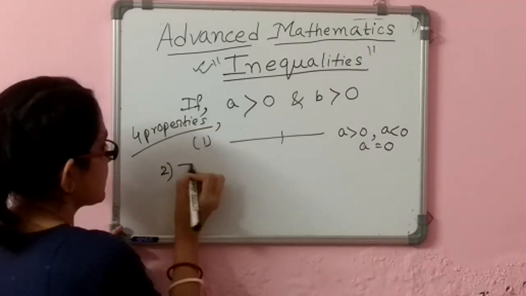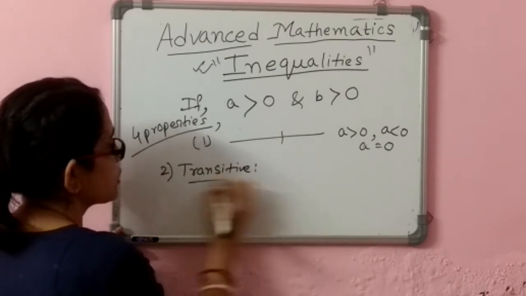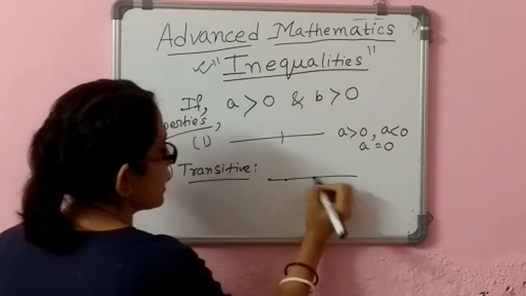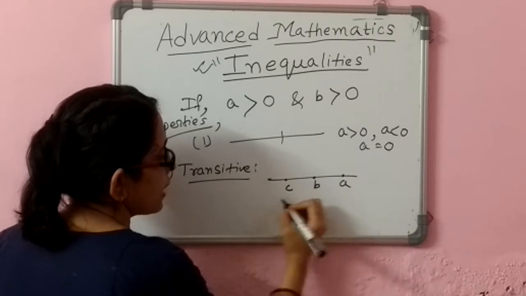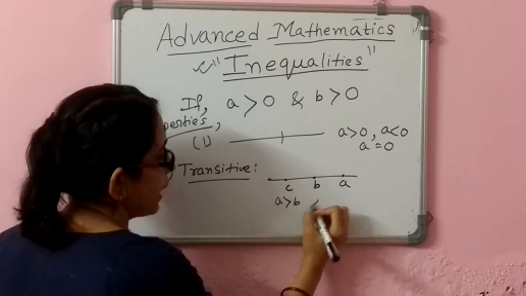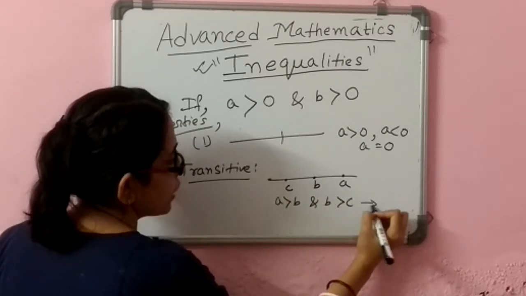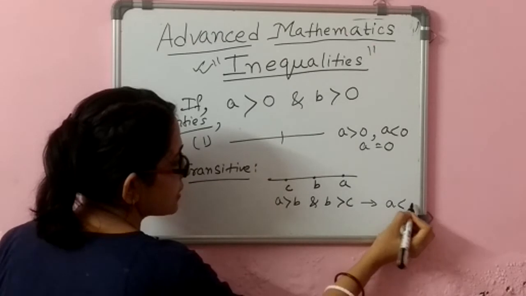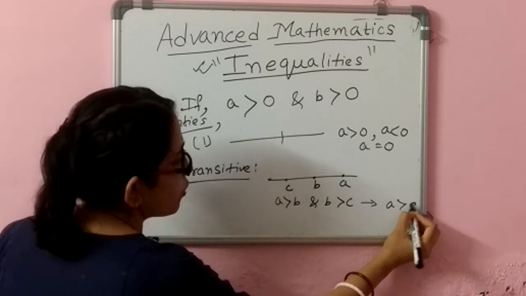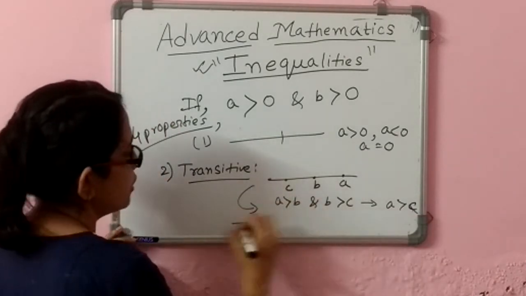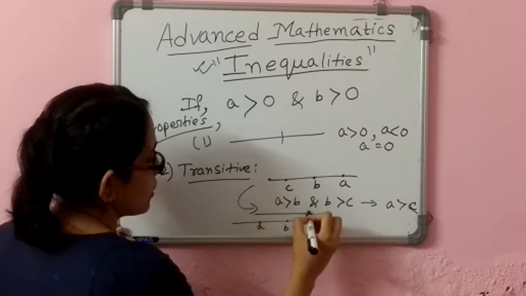The second property is the transitive property. Transitive property, which means that in the number line, if we draw A, B and C, from here we can say that A is greater than B and B is greater than C. These three numbers are natural numbers. So combining these two, we can say that A is greater than C. Why have we not drawn A, B, C on the right hand side?